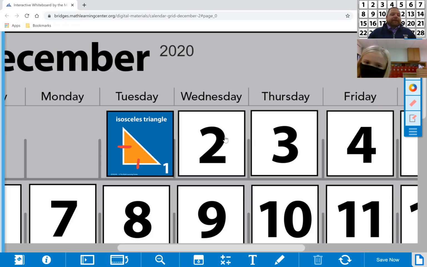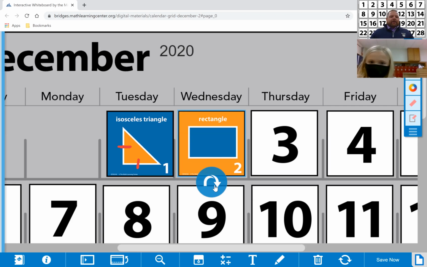So it looks like we have shapes. What kind of shape do you think we're going to have on day 2? A rectangle. And what do you notice about a rectangle? That it has four corners and 4 sides. It does. A rectangle has 4 corners and 4 sides, but these 2 sides are congruent.